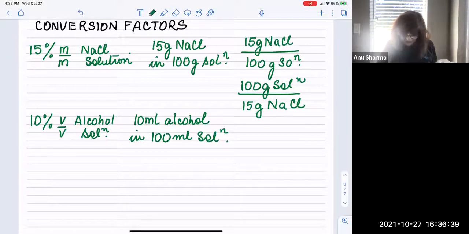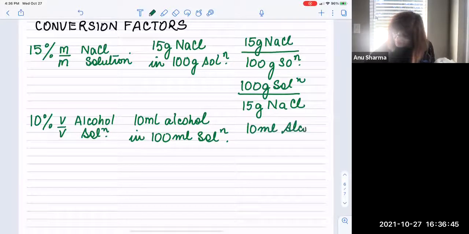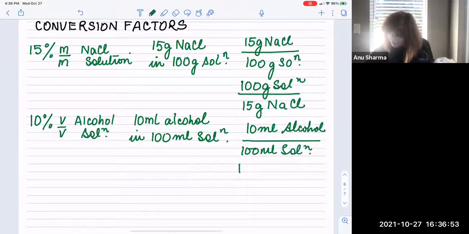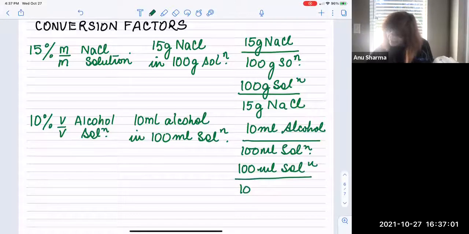The conversion factors are 10 ml of alcohol over 100 ml of that alcoholic solution, or 100 ml of alcoholic solution over 10 ml of alcohol.